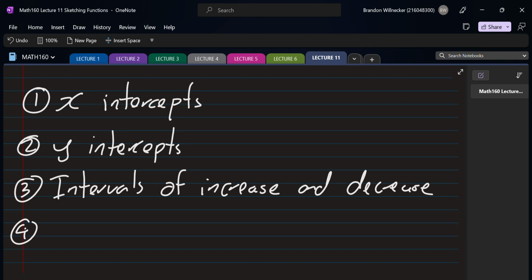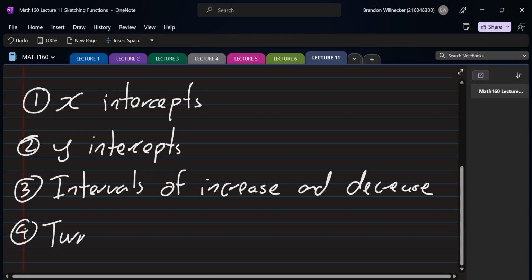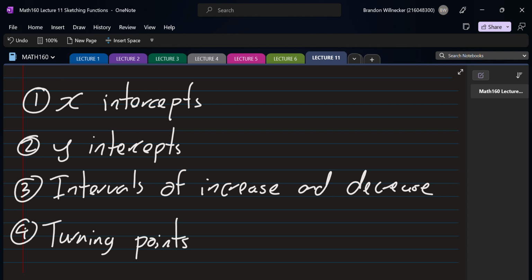Number four, in between these two intervals, if it's increasing then decreasing, we know that it's a maximum. If it's decreasing then increasing, we know it's a minimum. And to generalize that, we say turning points. So we see, does this function have any turning points?